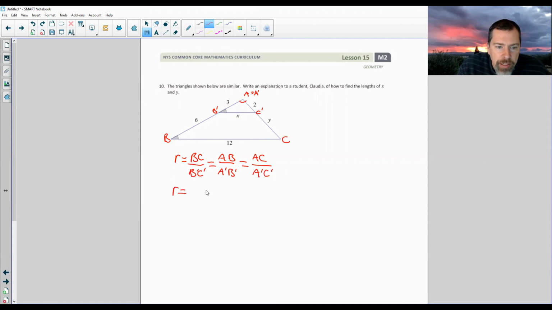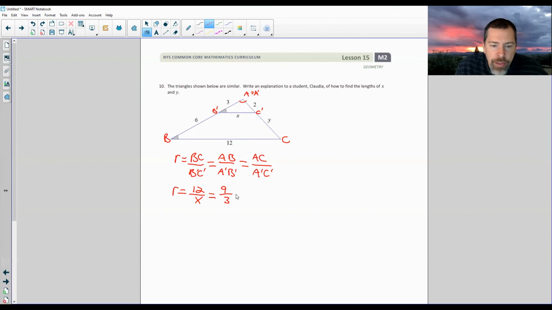Then I'm going to insert my givens. BC is right here, 12. B prime C prime is my X. That equals AB, which is, now be careful here, this little piece is 3, this big piece is 6, so the whole thing is 6 plus 3, which is 9, over A prime B prime, which is 3. Be very careful there. Most students would look at that and say, oh, it's a 2-to-1 ratio.